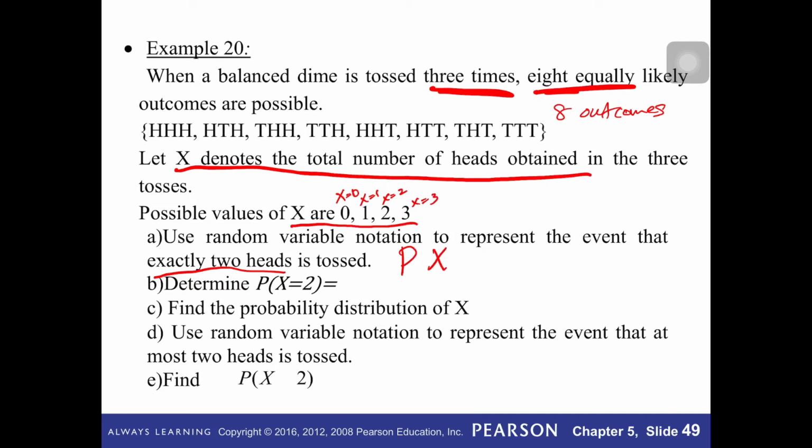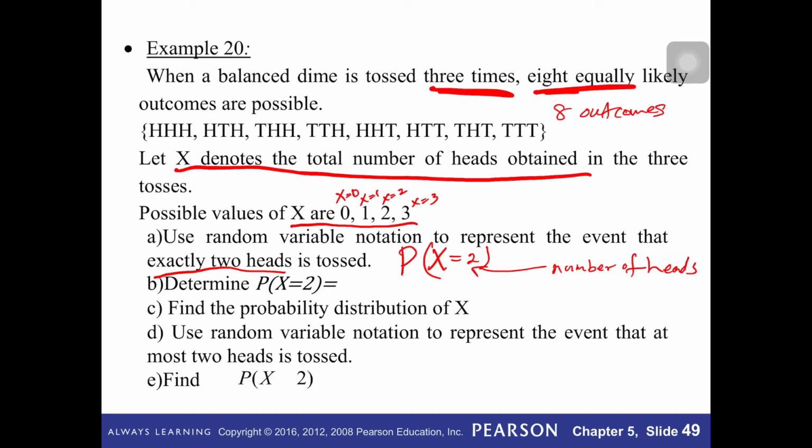So, x equals exactly 2 heads. Probability of x equals 2, where 2 means the number of heads. Determine P(x equals 2).